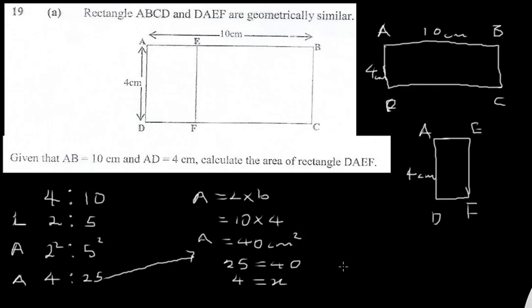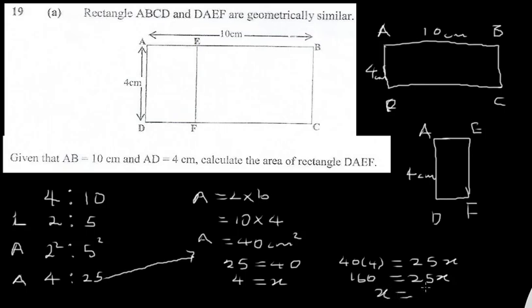We cross multiply, so 40 multiplied by 4 equals 25x, right? 40 by 4 gives us 160 equals 25x. And you would have to divide both sides by 25, and that would give 6.4.